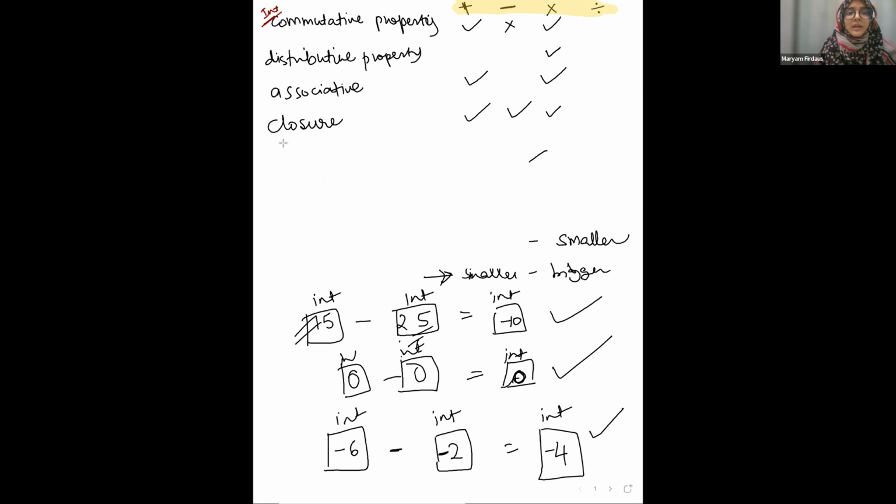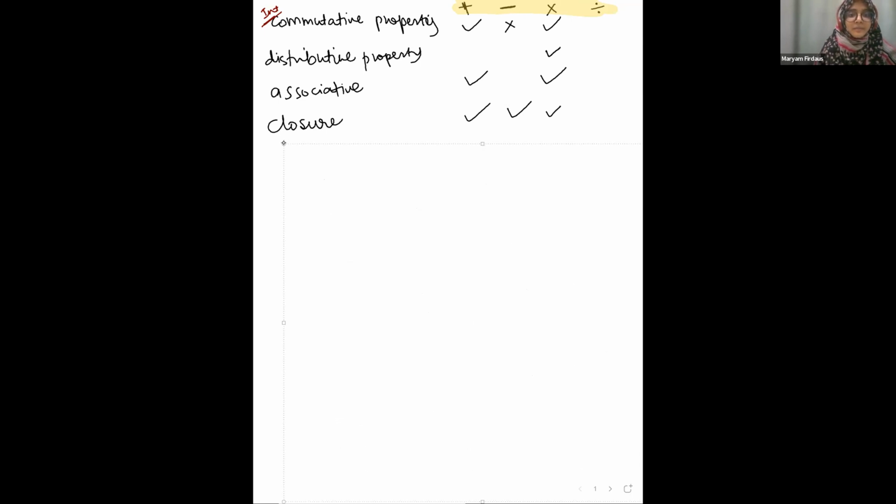Now let's take a look at division, whether closure holds under division or not. Can you think about it for a moment and tell me? Minus 10 divided by 5. What is that? Minus 2. Is it an integer?